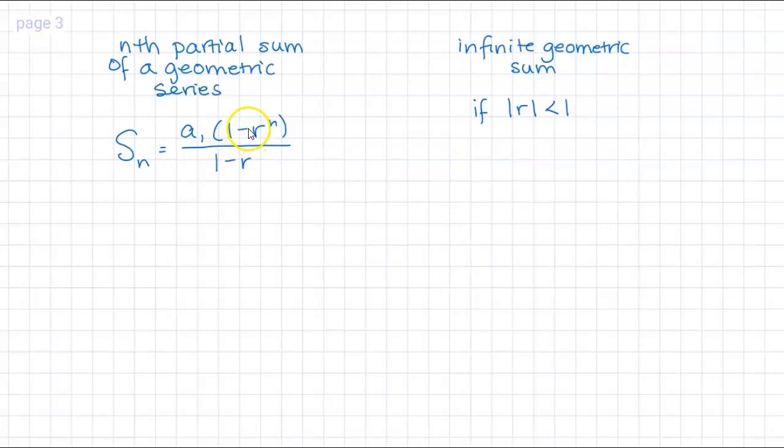Then you're going to have 1 minus 0, which is just 1. It makes your numerator just a sub 1. But we can't simplify the bottom at all. Luckily the bottom's already pretty simple. And so that's basically our sum right there. If the absolute value of r is greater than or equal to 1, the sum does not exist.